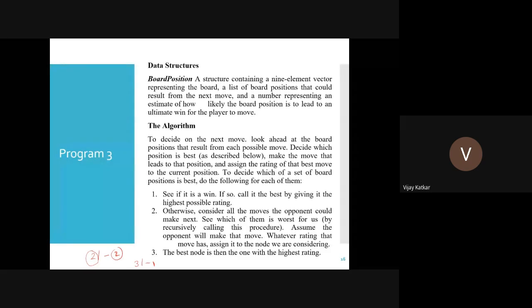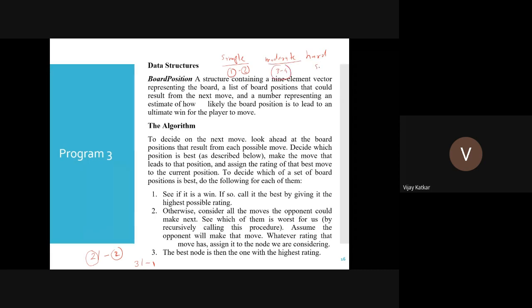If you are playing chess, some of you might have played chess against the computer. You might have seen there are modes like simple or easy, moderate, hard, something like that. Simple means it is looking only one or two moves into the future. Moderate means it is looking, let's say, 3 to 4 moves into the future.